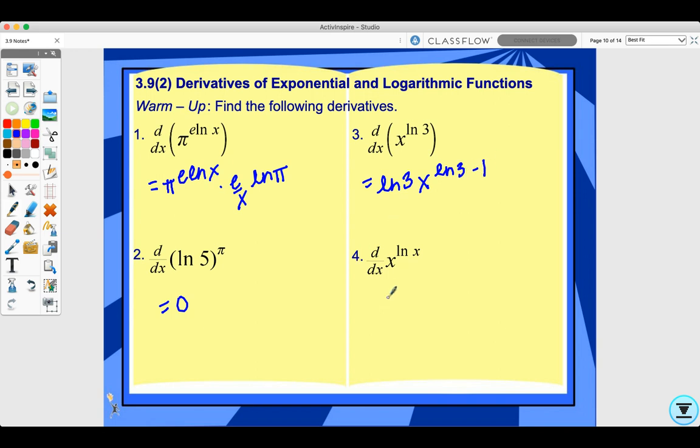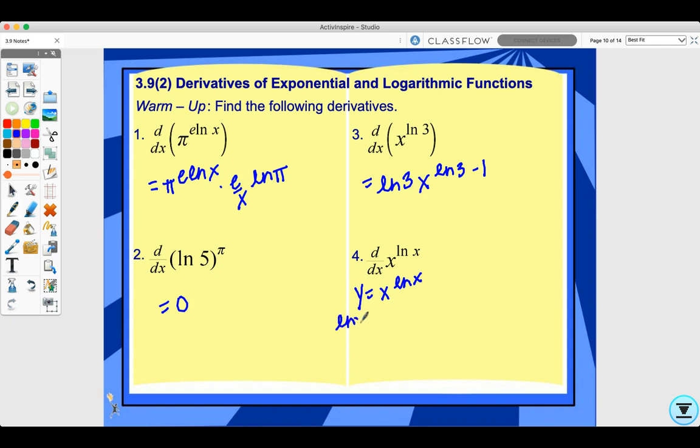And the derivative with respect to x of x to the natural log of x, what we would first have to do with this one is rewrite this as y equals x to the natural log of x, because we have two arguments, one in the base, one in the exponent. What I would then do is take the natural log of both sides.